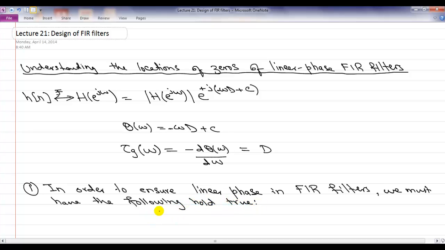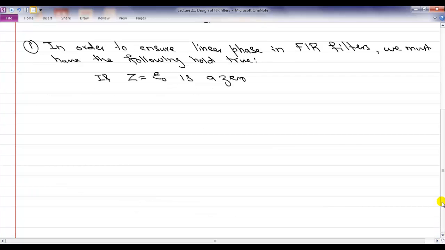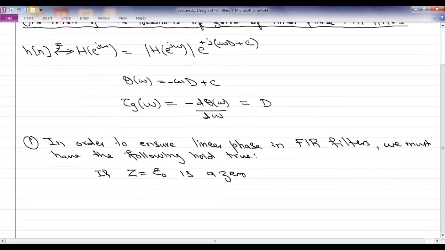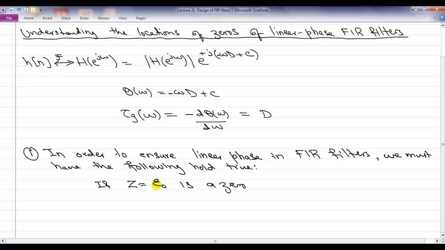If z equal to z naught is a zero, so if I give you the condition that there is a zero at location z naught, then it should imply something about another zero.